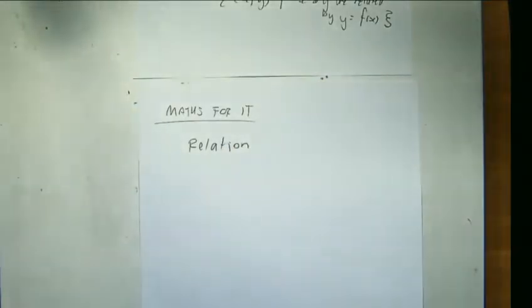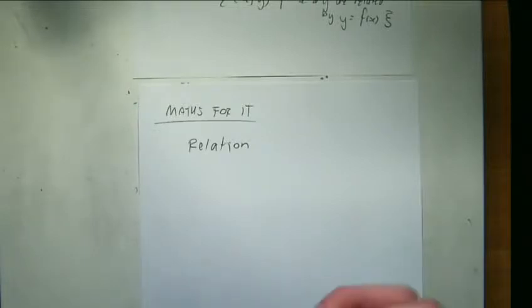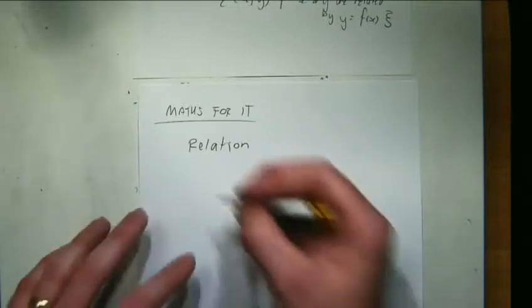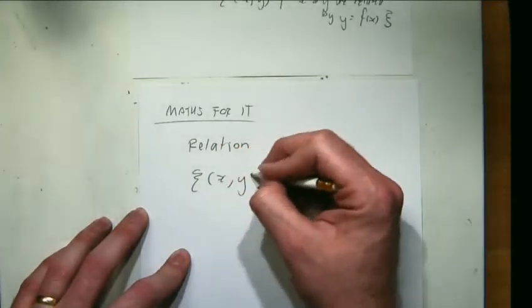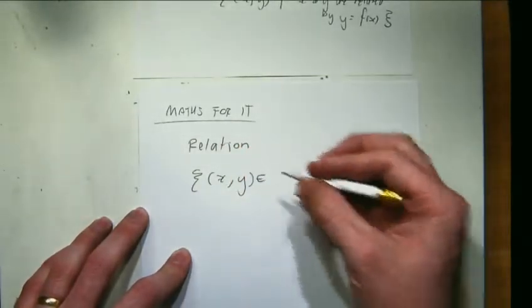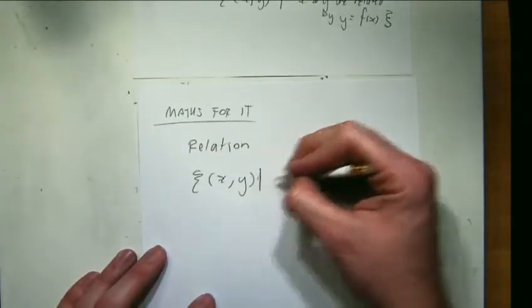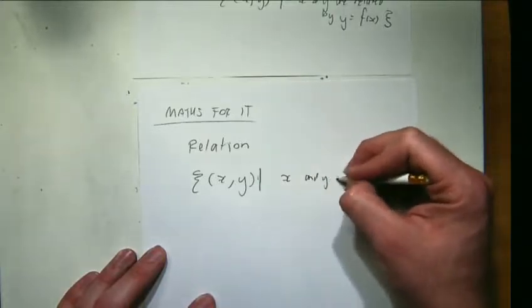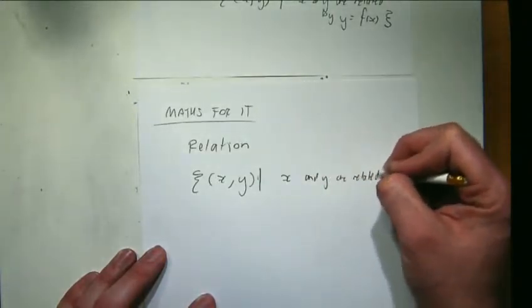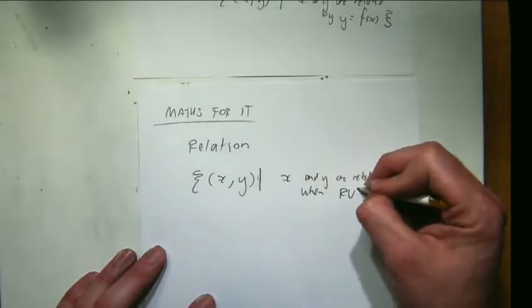A relation is that you get numbers or objects or anything at all, and you say that for any two of them, you can decide whether they are related or not by some concept of relatedness. So relatedness is defined to be a set of points such that x and y are related when, and insert rule here.